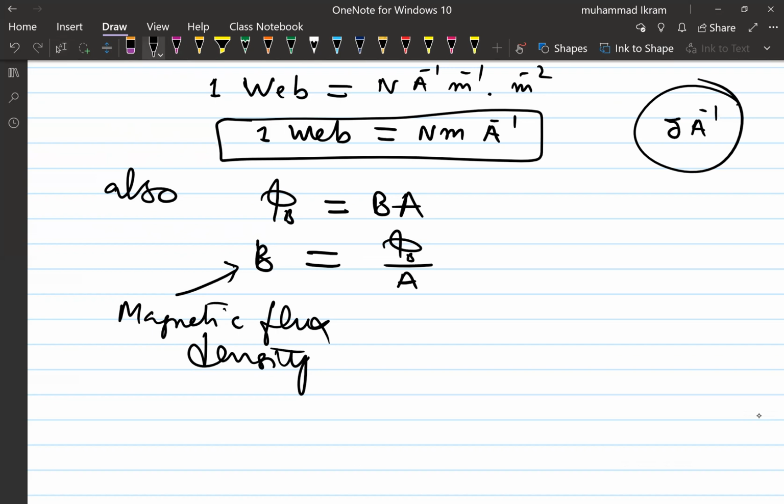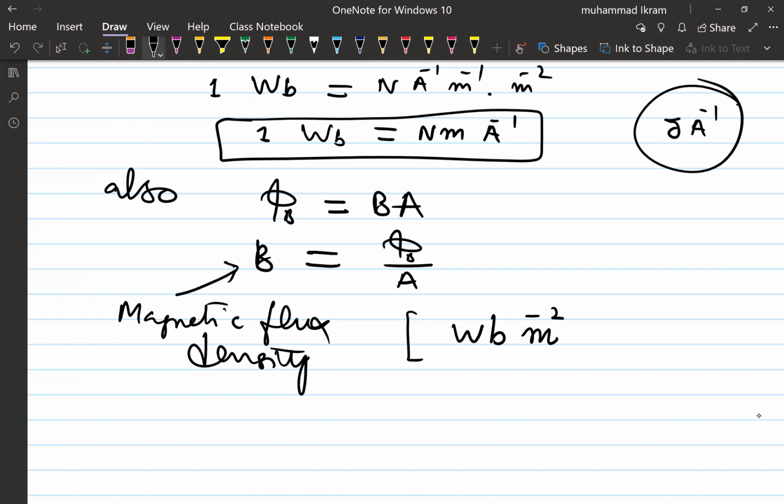And the unit of this magnetic flux density is Weber per meter square. I'm sorry, there is no E in it, I'm used to this thing. Weber, okay. Here I wrote it correctly.